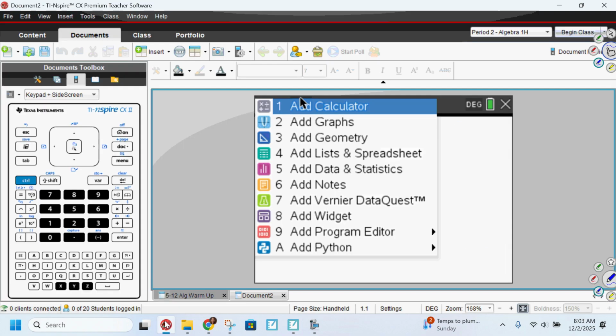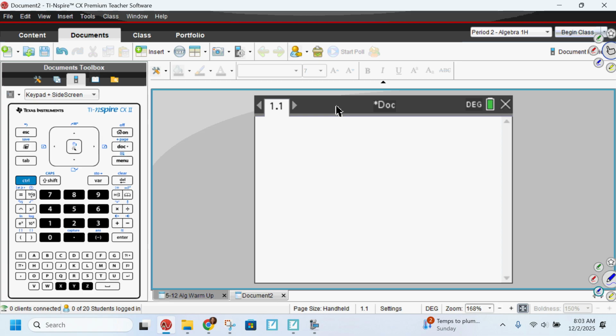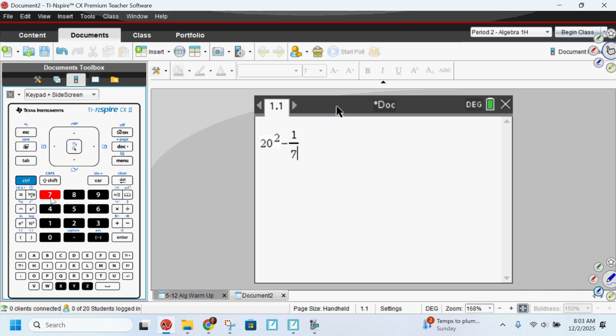Or I can grab that calculator and type in the whole thing as well. Oops, 1/4. Pi is down here. And I can do it that way as well.